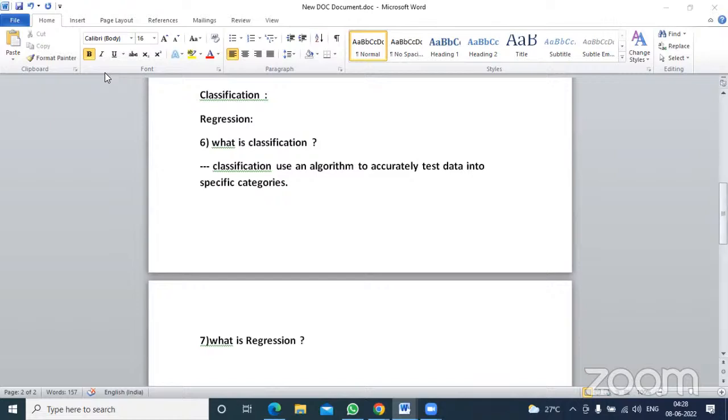See, classification also takes labels, and the output can also be a label. In classification, which algorithm are we going to use? I'll take that question next, after regression. First we'll solve this, then we'll get a clear idea about classification and regression.